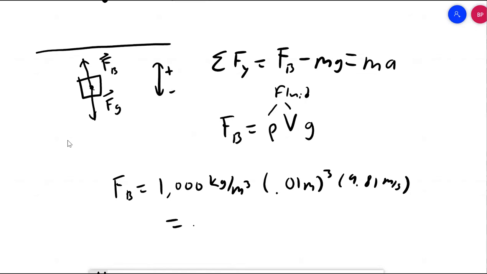This is 0.00981 newtons. Okay, so our buoyant force is extremely small because the volume of our cube is extremely small. We could also calculate the acceleration if we wanted to by calculating the weight of our cube, subtracting them and dividing by the mass. But whatever, the question doesn't ask us to do that.